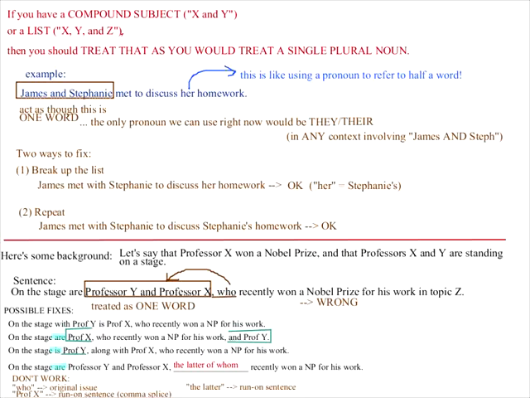Along with is just a modifier. So Professor Y by him or herself is the subject of this one. So along with Professor X, we can just eliminate. Okay, any questions about any of this crazy stuff that we have just done?